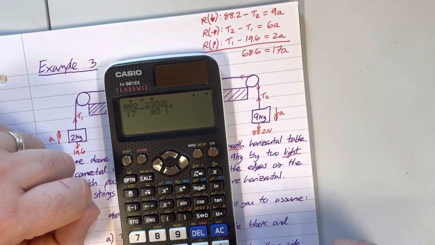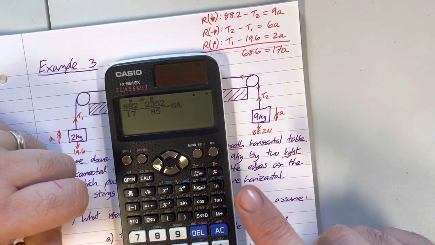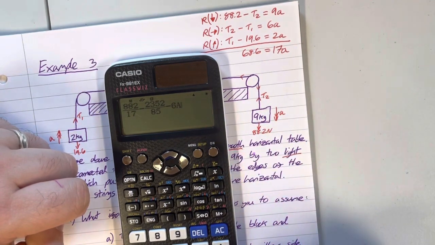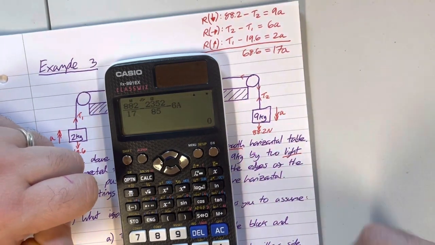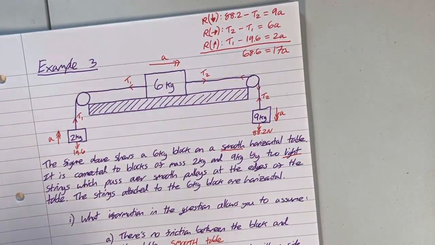So if I subtract 6 times the acceleration from that, I should get 0. If this is 0, then I can be fairly confident that all 3 of my answers are correct. And it is 0. Perfect. That gives me nice confidence that I am correct.